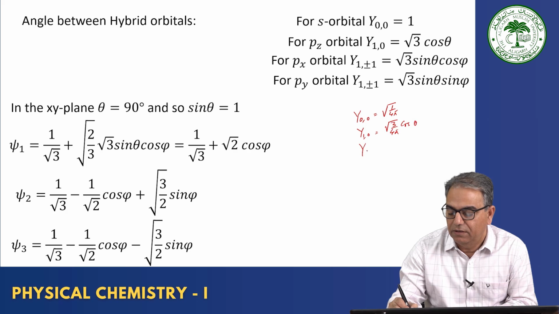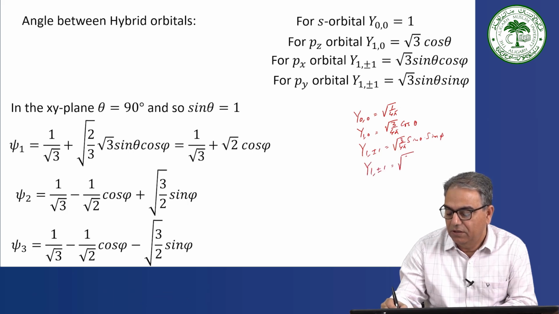Y1 plus minus 1 was root under 3 divided by 4 pi sin theta sin phi, and the other function was root 3 by 4 pi sin theta cos phi.